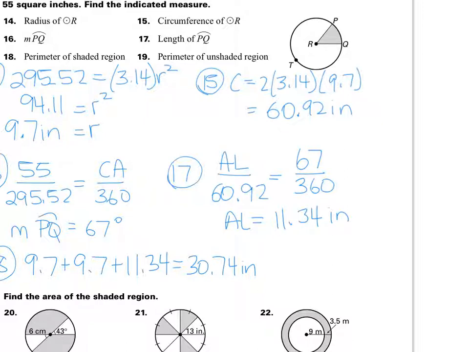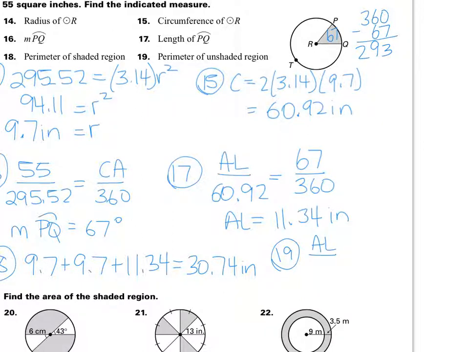Well, if I know my central angle is 67, then all the rest is 360 minus 67, which is 293.